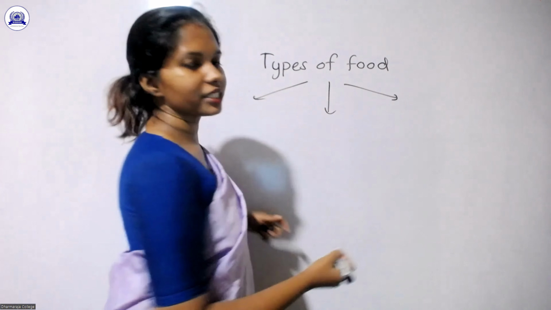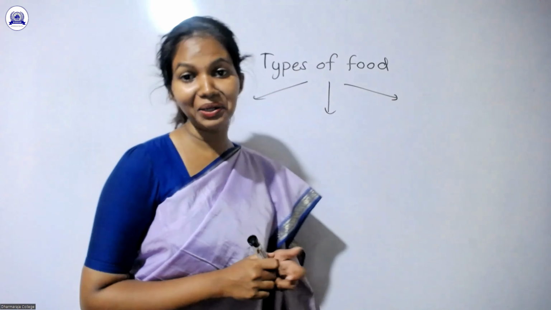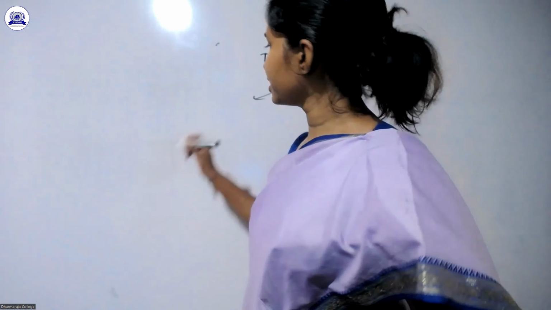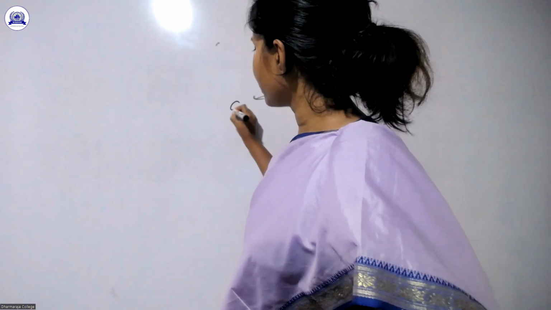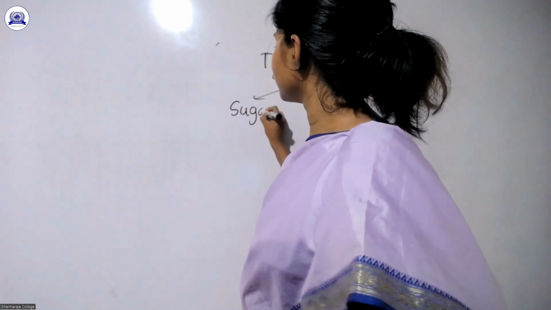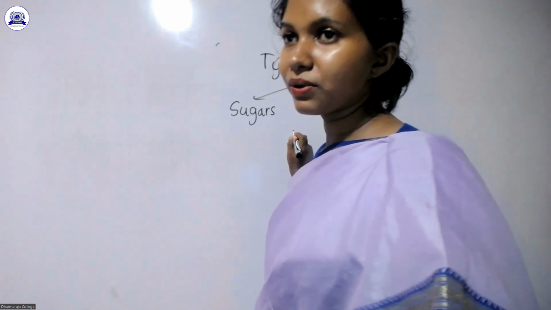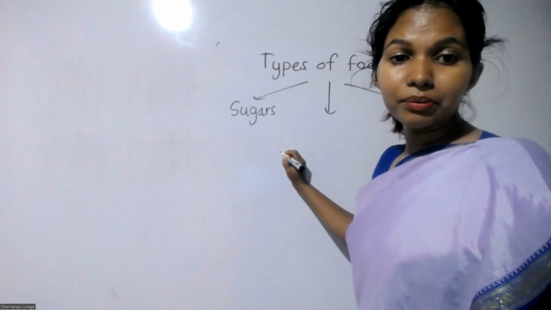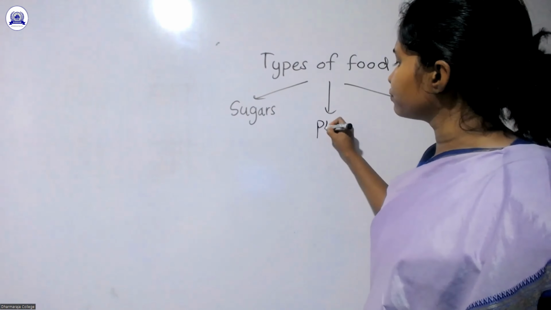Okay, let us see what are the types of food that we eat normally. So in our normal diet, we have starchy foods like rice. These are carbohydrates, or else you can say sugars. Not only that one, we have some meat or a piece of fish in our food. So that means proteins are there in our food.